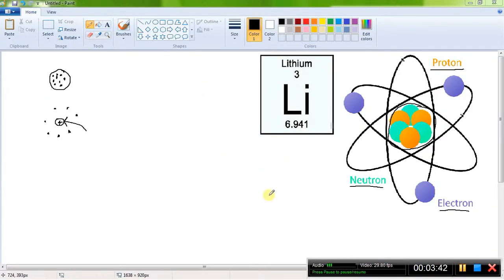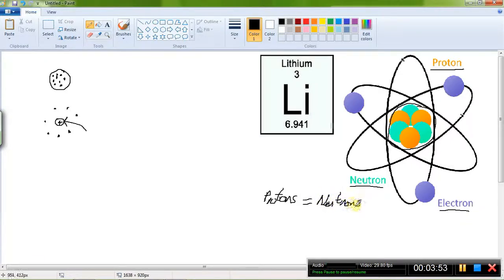So if we write that, we know protons equal neutrons in mass, and they're a lot bigger than electrons. And you'll see this abbreviation a lot for electrons: e negative means electrons. Electrons are tiny compared to the protons and the neutrons.